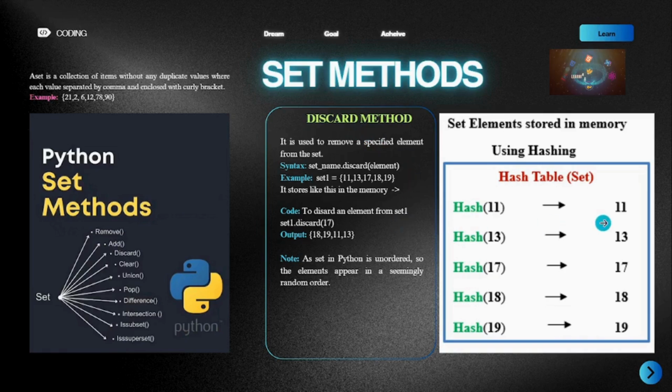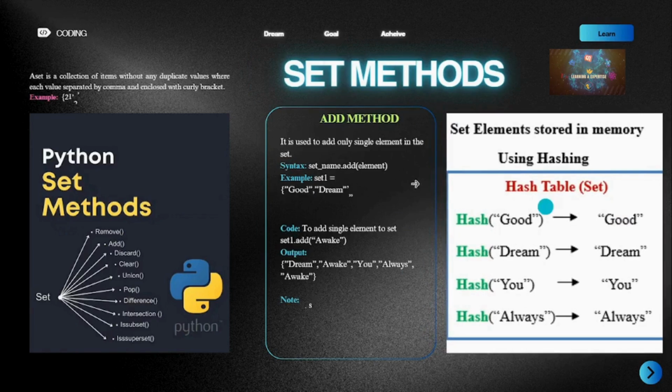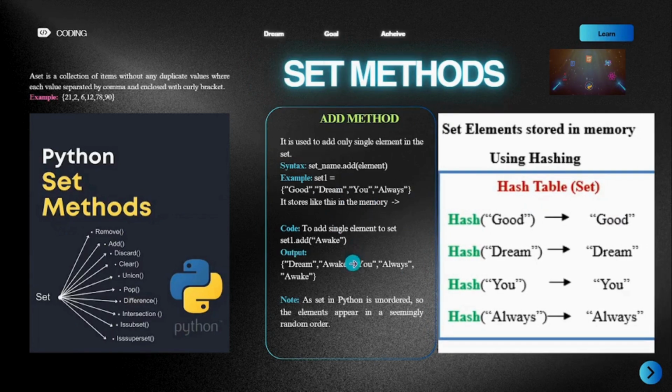Coming to the other method, add, we can add an element easily into the set, and the key note is that we cannot add duplicate values into the set. So this is about the set and its methods.